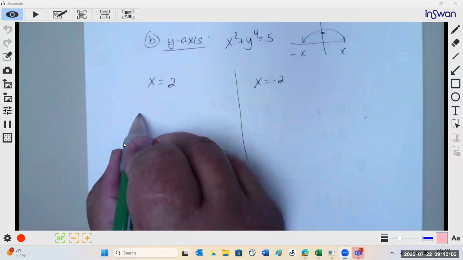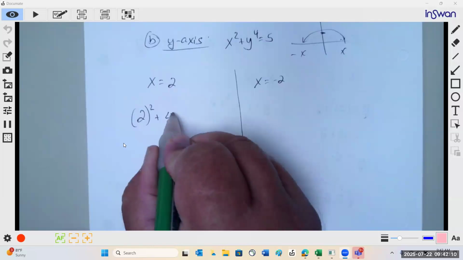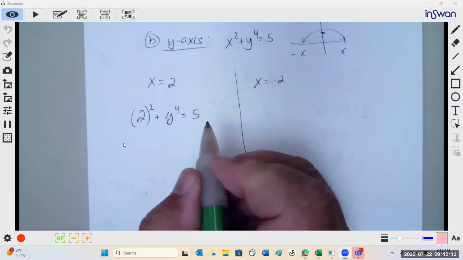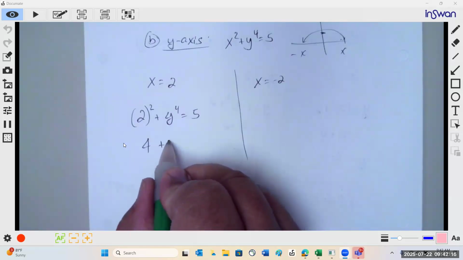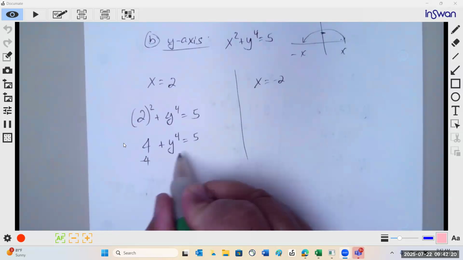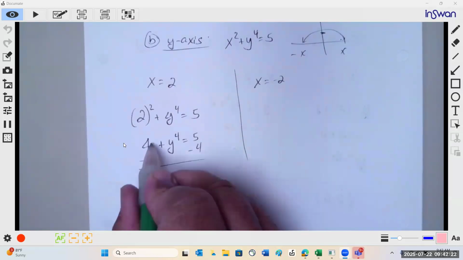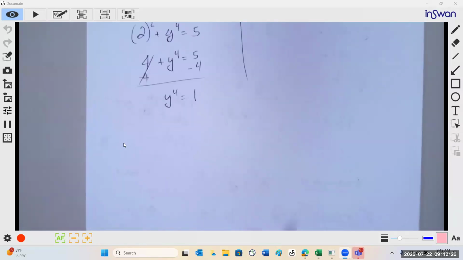Plug it into the equation. So I have 2 squared plus y to the fourth equals 5. 2 squared is 4. Subtract 4. y to the fourth equals 1.